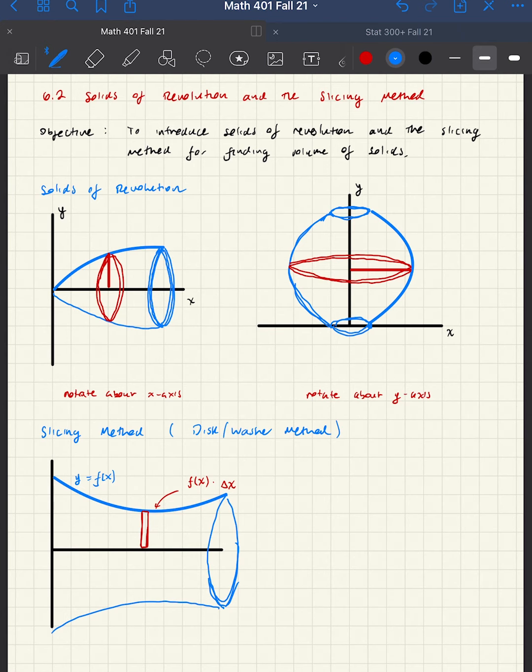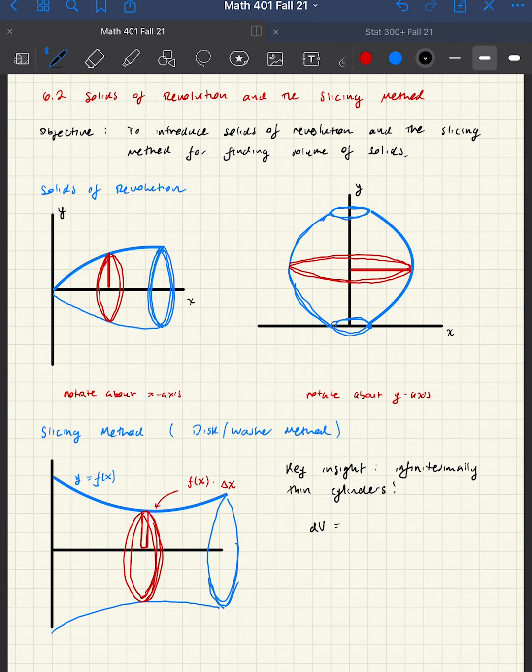So we know that that is the width of that rectangle. And when it sweeps out a disk, then we can imagine a very, very thin cylinder. Okay, so the key insight here is we're using infinitesimally thin cylinders.